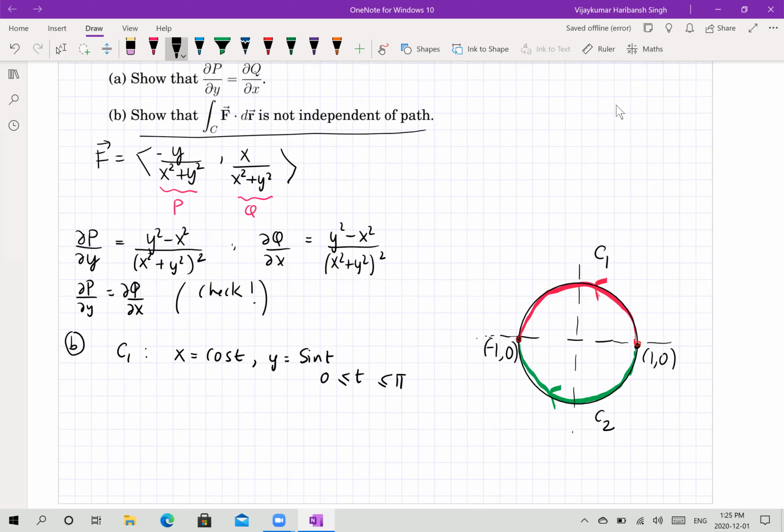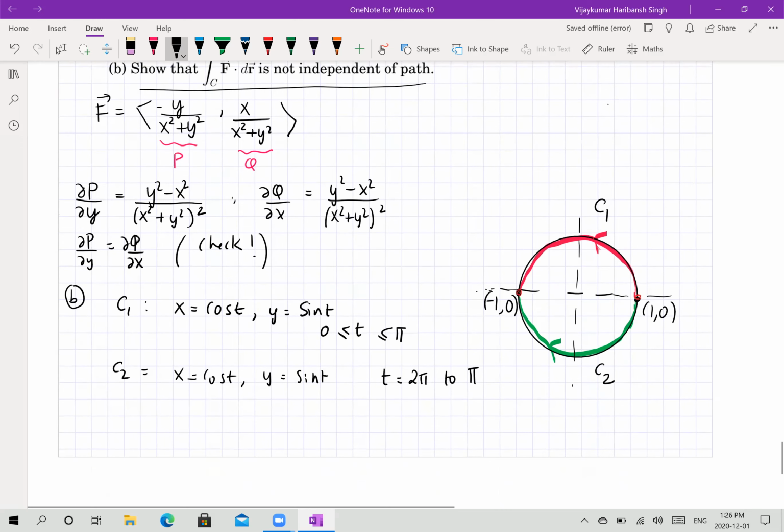Whereas C2 can be given as, say, x equals cos t, again y equals sine t, but t goes from where to where? So t goes from 2 pi, okay?